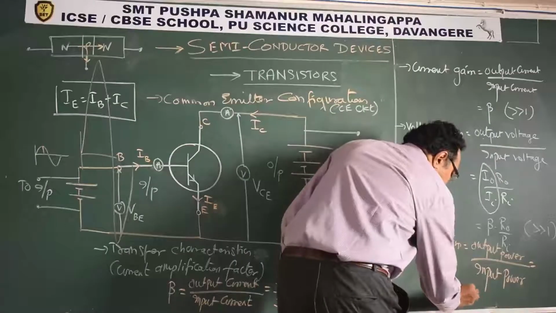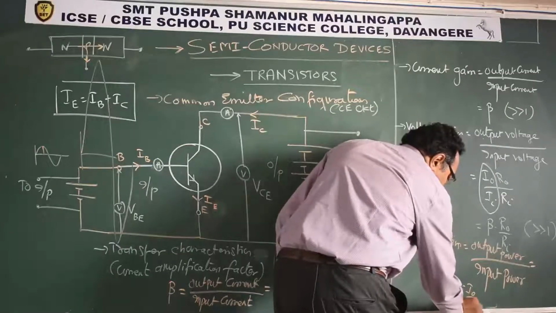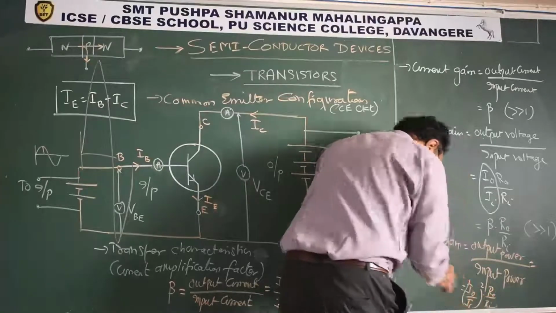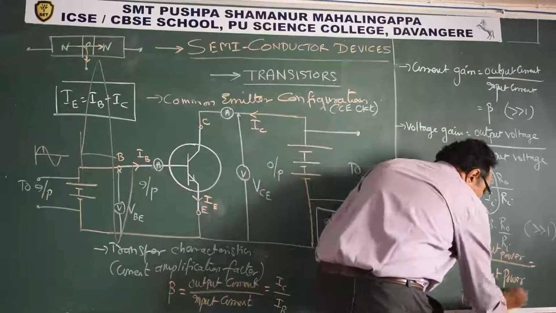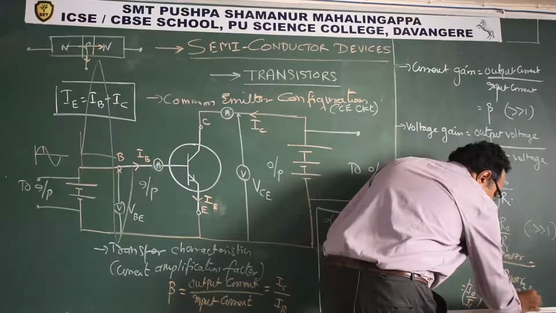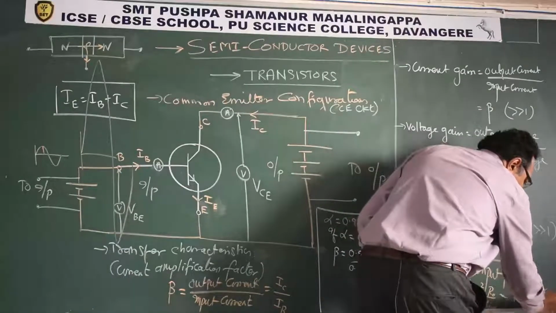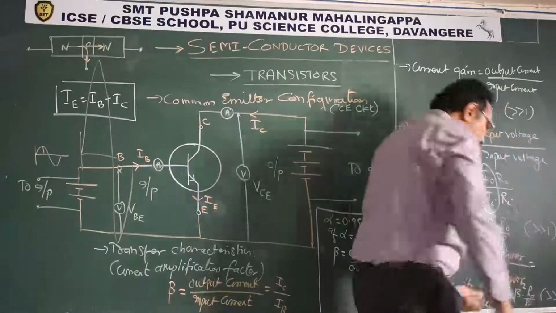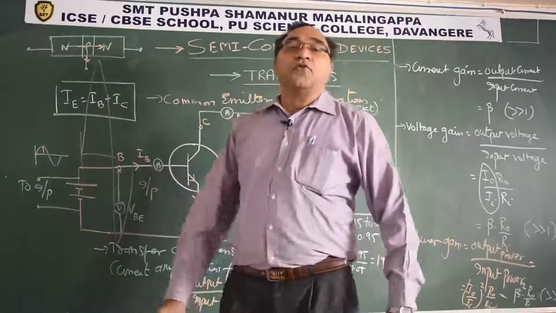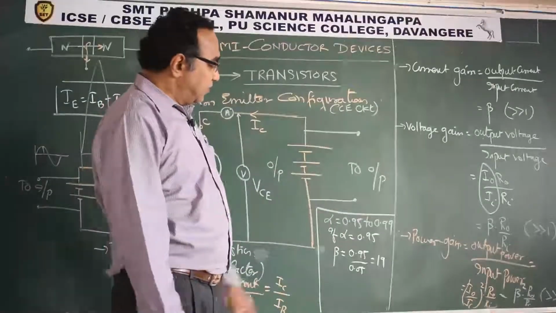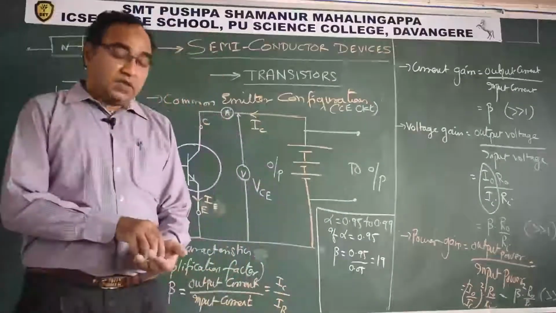It is nothing but (IO by II) whole square, times RO by RI, right? So we can write this as beta square times output resistance by input resistance. This will be very much greater than 1, because beta itself is greater than 1, so beta square will be even more than 1. So there is power gain.